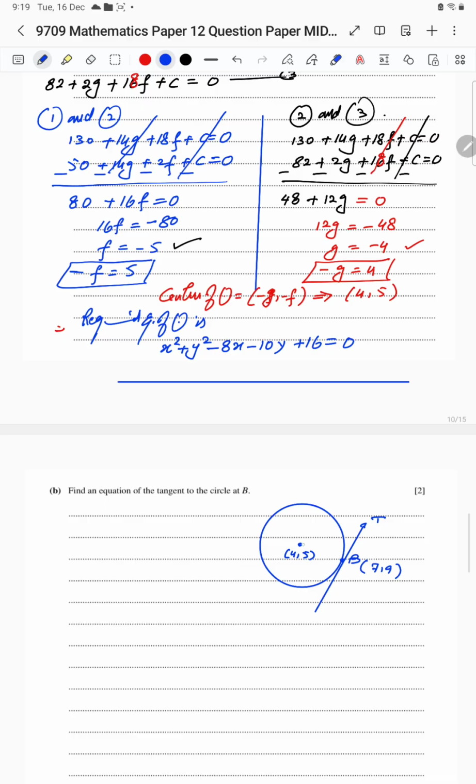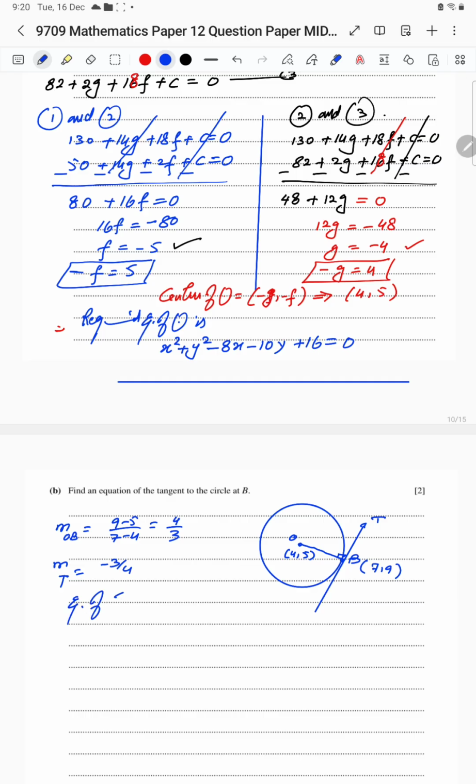So the radius is perpendicular to the tangent, so gradient of OB is 9 minus 5 over 7 minus 4, that is 4 by 3. So gradient of tangent will be the negative reciprocal of it, minus 3 by 4.